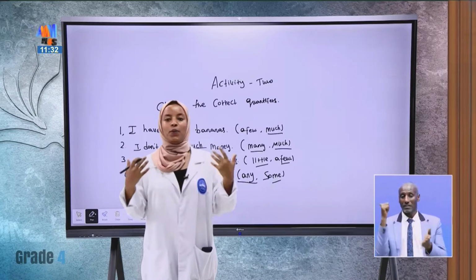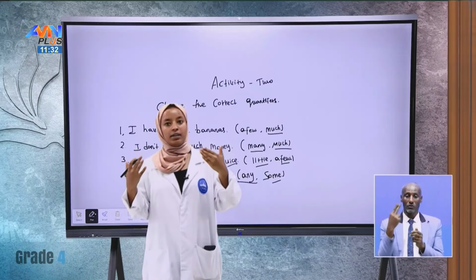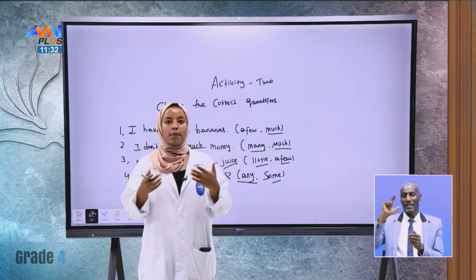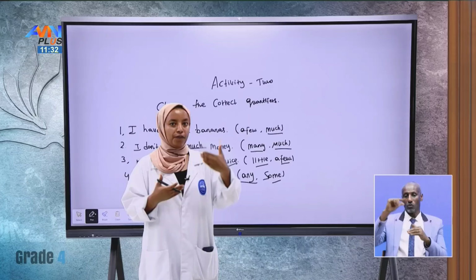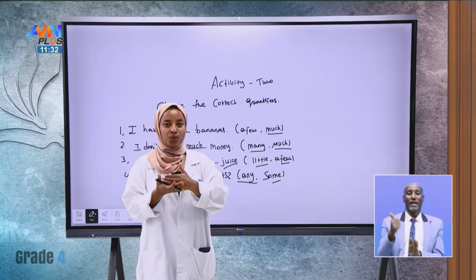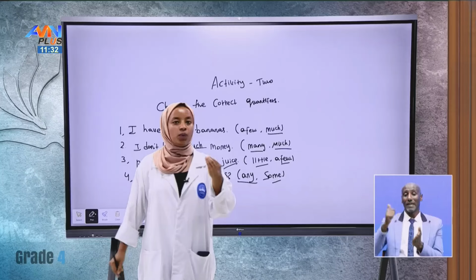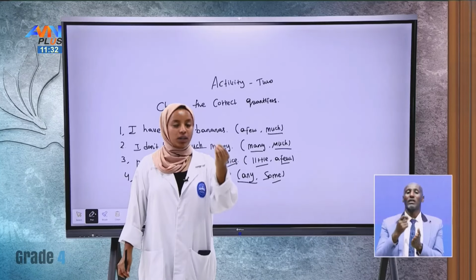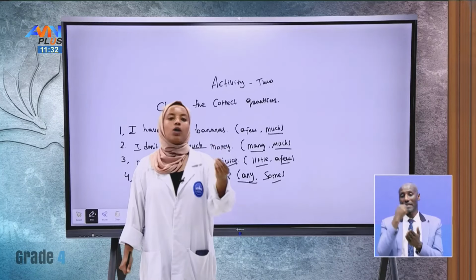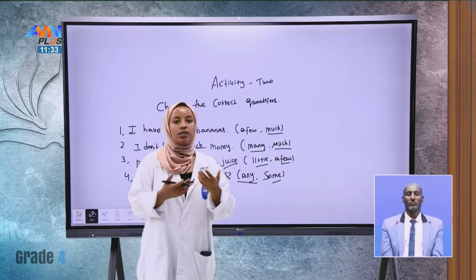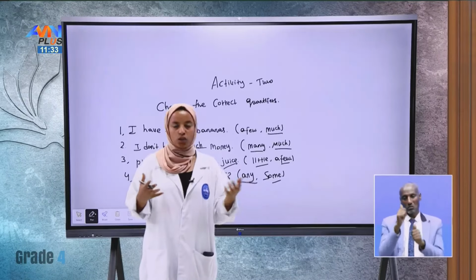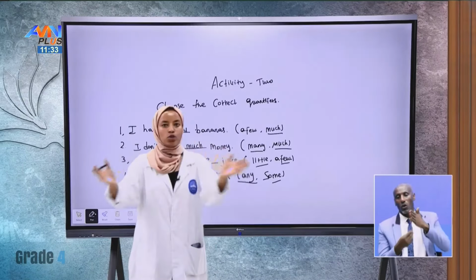And we can use a few and a little for small amounts. A few is for countable nouns. A little is for uncountable nouns like a little milk, a little water, and a little oil too.